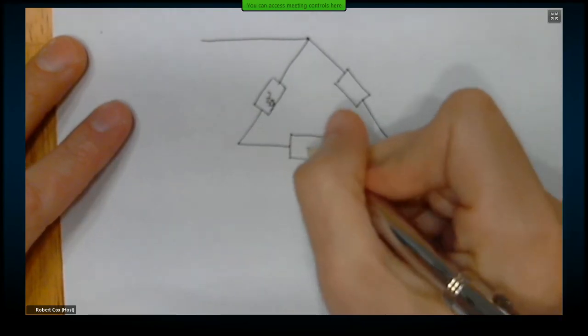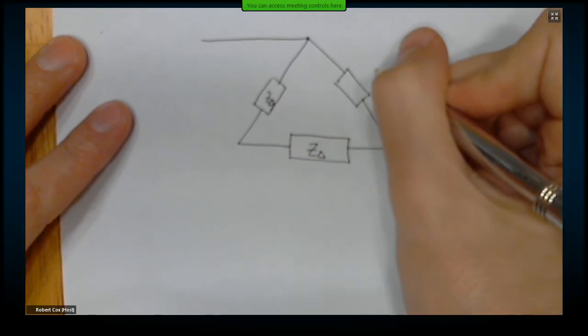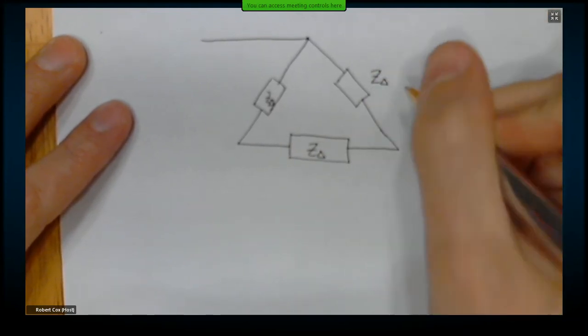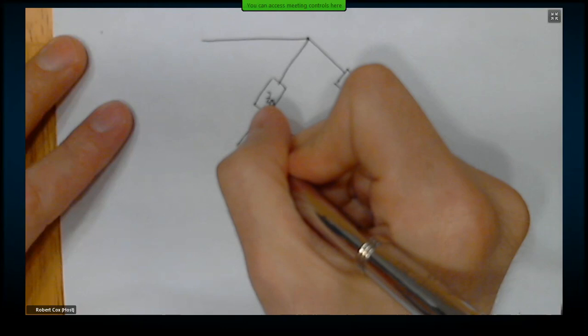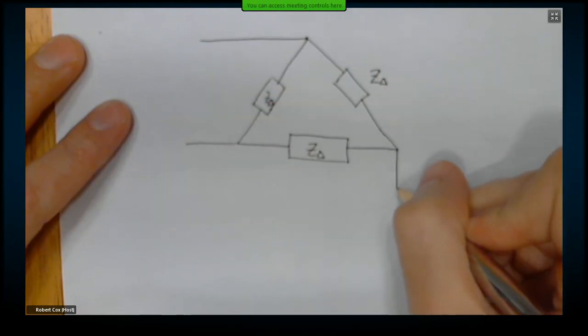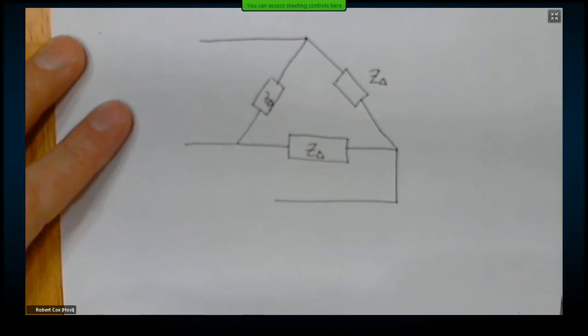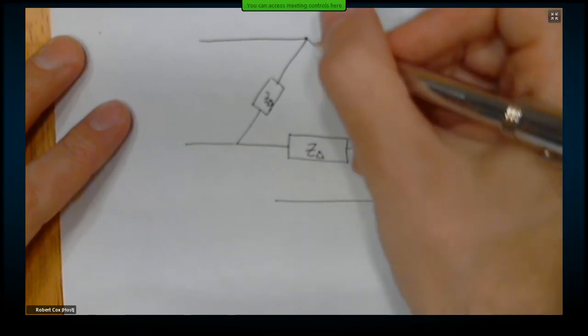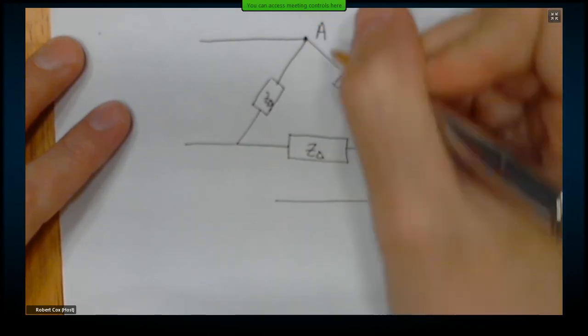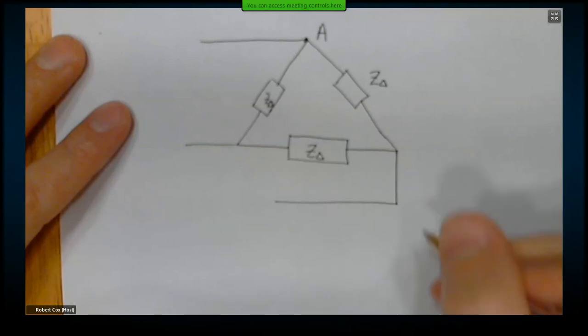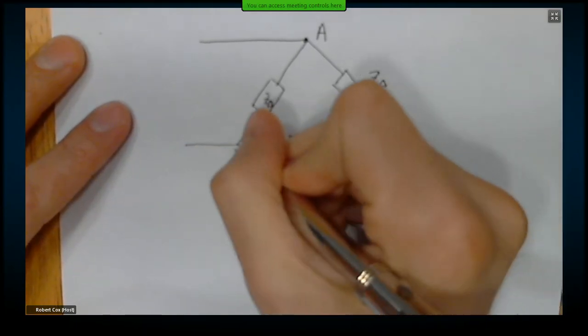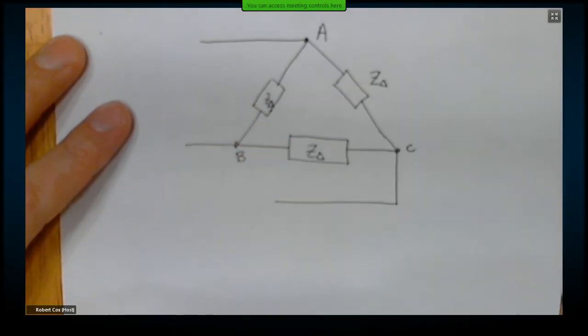Each of these Z delta is, let's say, the same impedance. Let's call this point capital A, this point capital C, and this point capital B.